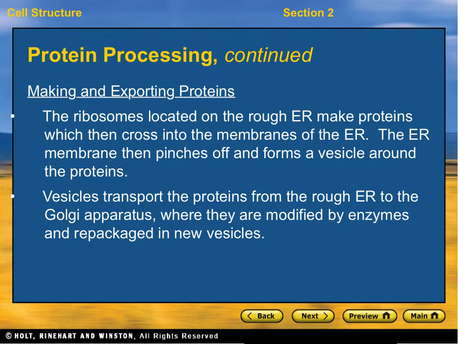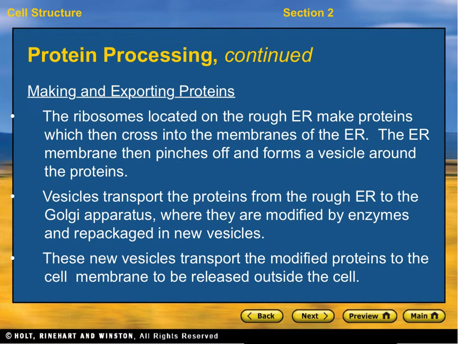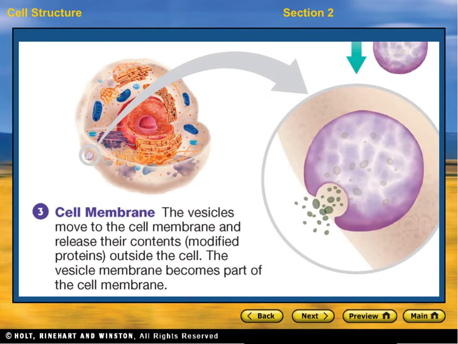From here, that vesicle is going to go through the Golgi apparatus, and it's going to be modified by enzymes and repackaged into a new vesicle so that it can be transported later on. The new vesicles then are going to be modified so that they can be released outside of the cell. Here you can see where that vesicle, after it's left the Golgi apparatus, is going to attach itself to the cell membrane. You can see that right here.